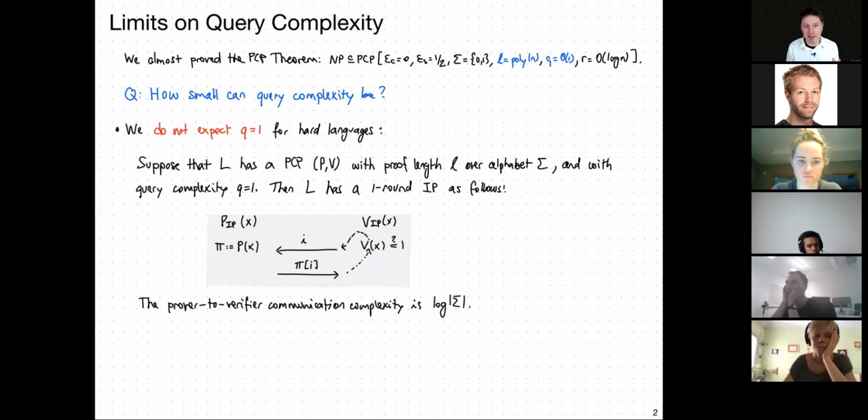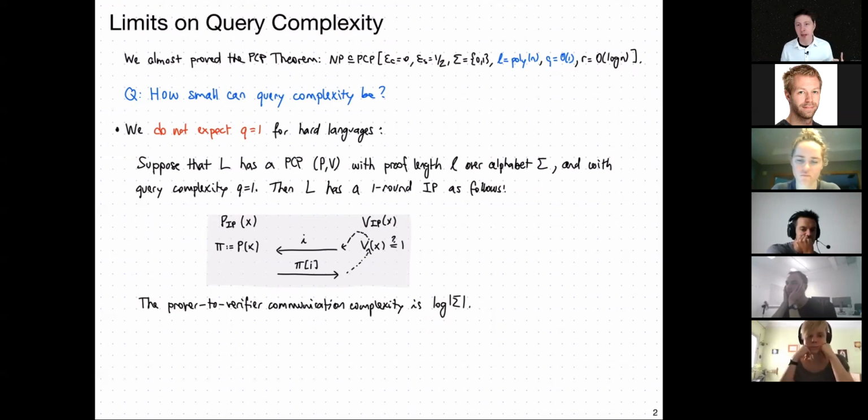Because if we had q equals 2, this would have been problematic, because the answer of the prover to 1 query could have depended on what the other query is. But since there is only 1 query, whatever the prover answers, it can automatically define some underlying PCP, right?